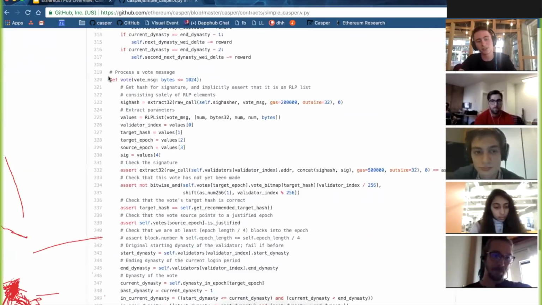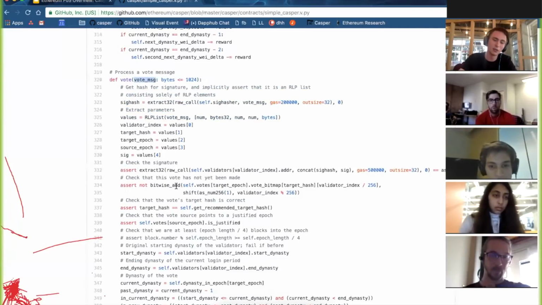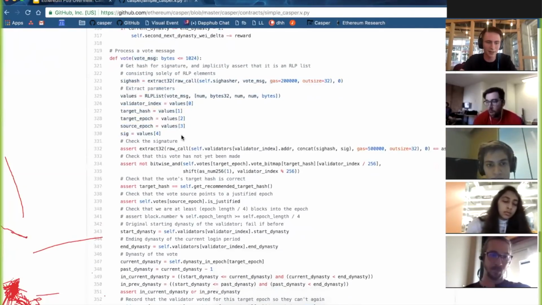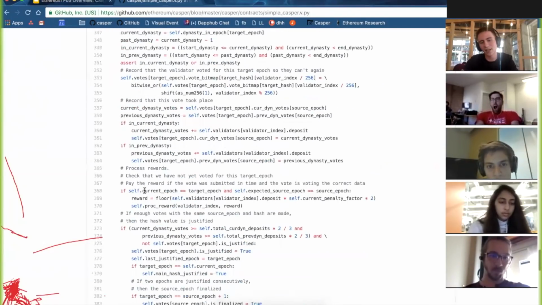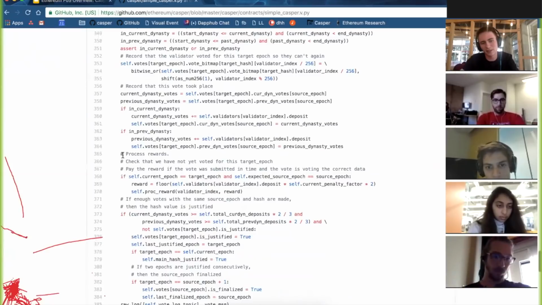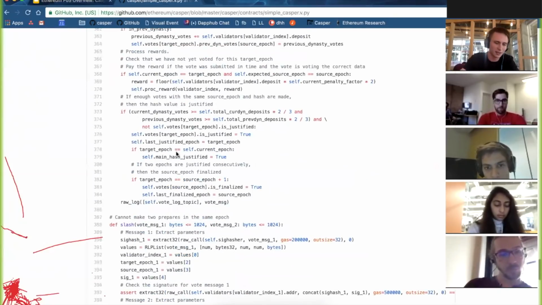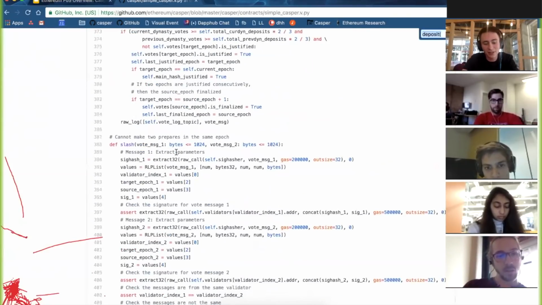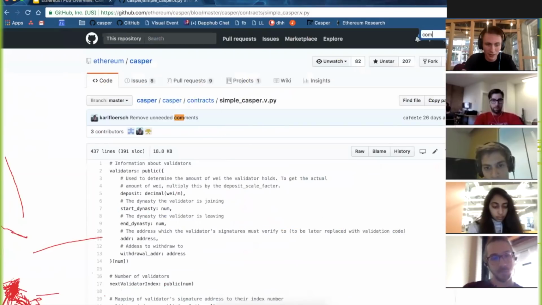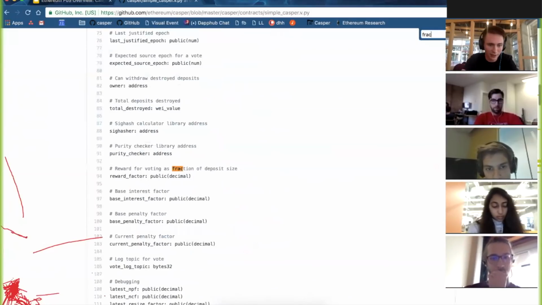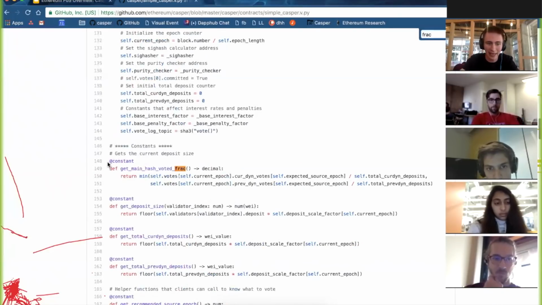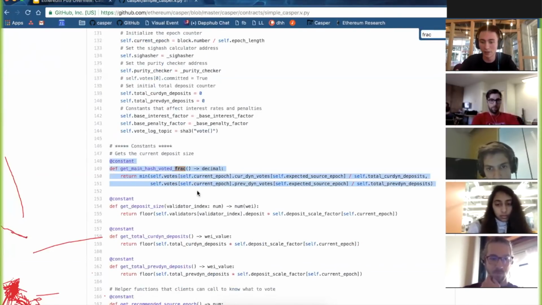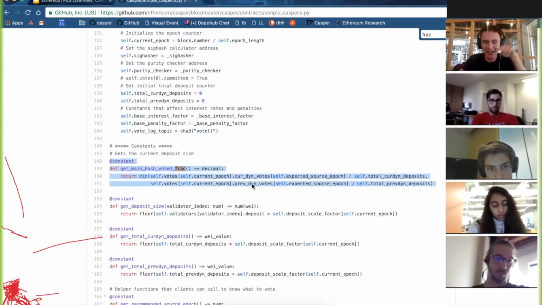And here's submitting a vote. We just send a vote message, check the signature, run a bunch of different checks, and process the rewards. Even the actual number of votes on a particular chain is in the smart contract.